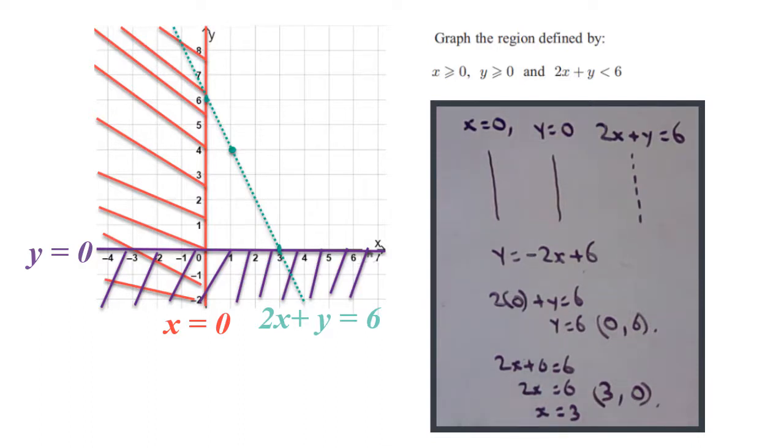Then I need to shade out the unwanted region, which would leave me with a wanted region. What we want is when 2x plus y is less than 6. Less than means to the left or underneath the line. So this is the bit we want. The bit we don't want is the other side, when it's greater than, when it's above or to the right.